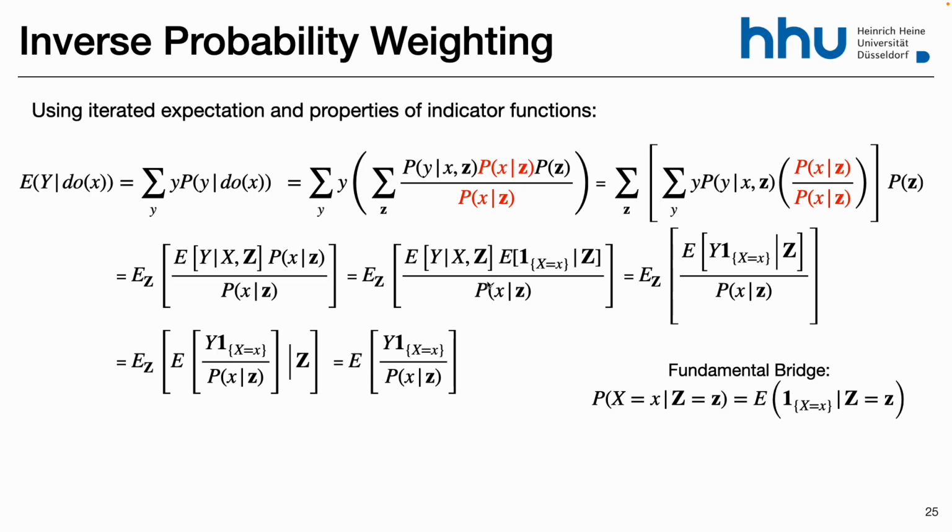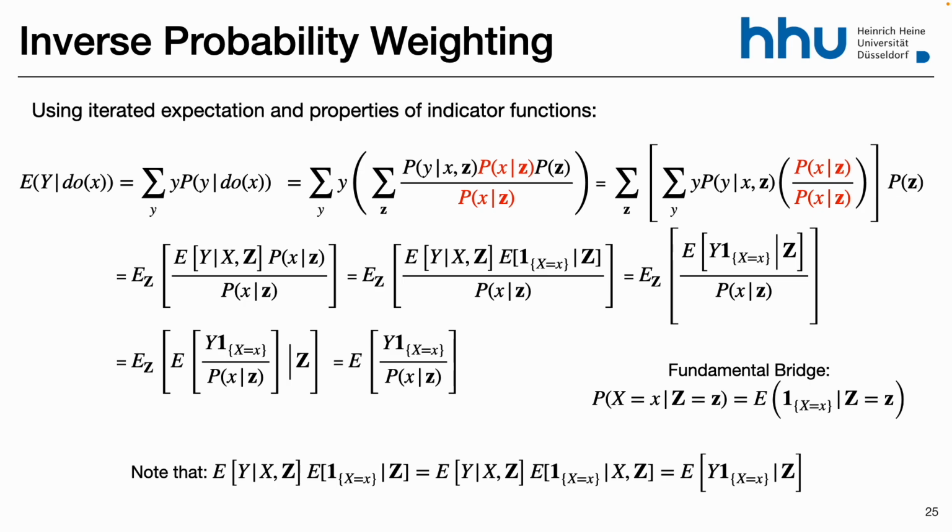And here is an important part. From here to here, what's happening is that this indicator function is independent of x given z.